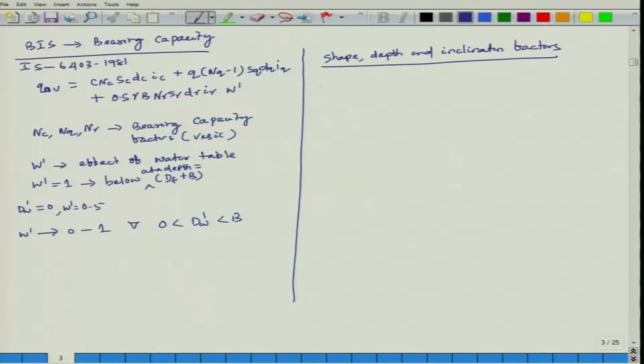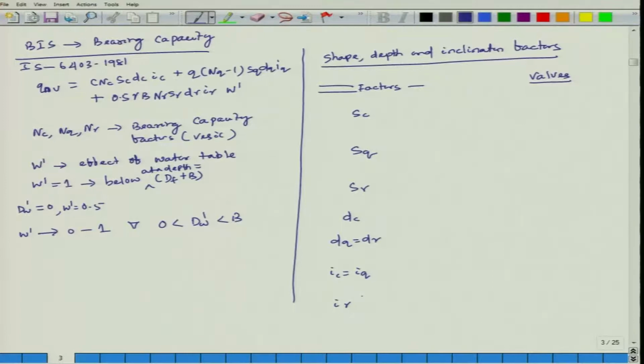If I start with this Bureau of Indian Standards, they have given these factors and these values. You can download this code. They have given SC, SQ, S gamma, then DC, then DQ is equal to D gamma, IC is equal to IQ, then I gamma.